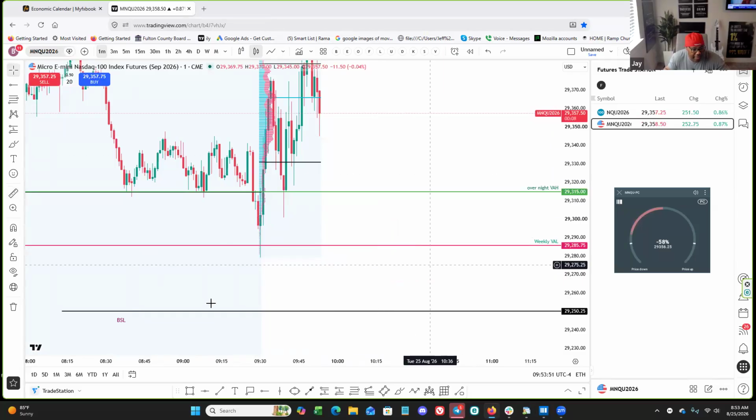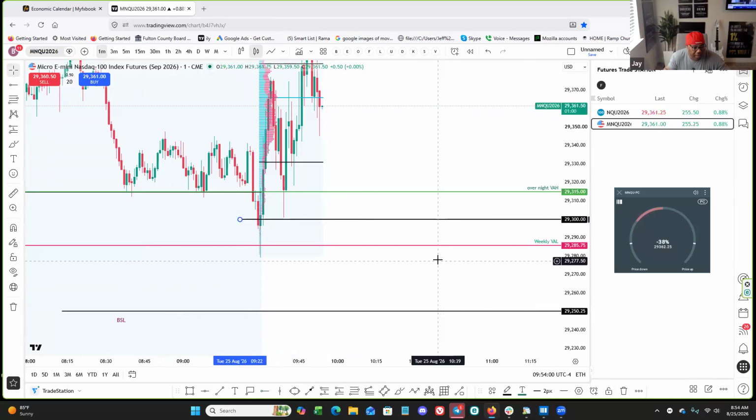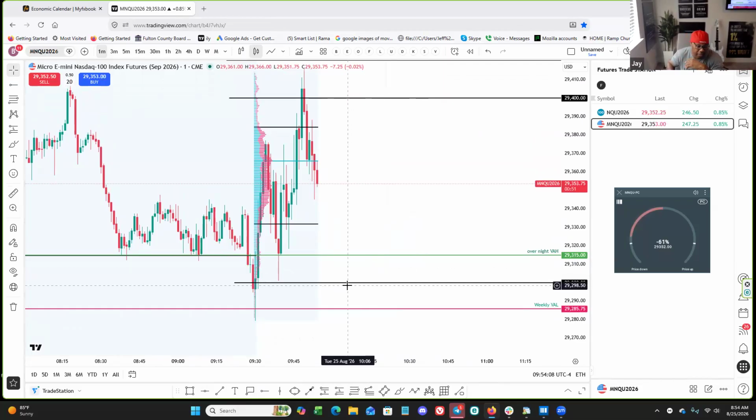I think if we got down into this area here, down into 300, I would probably look to buy, but I wouldn't set a stop order right here to just automatically fill my order when I got there. I would not do that because price could easily just keep going, right?